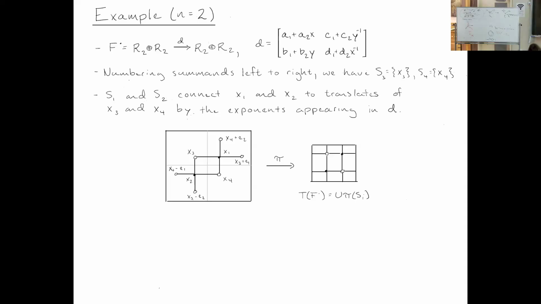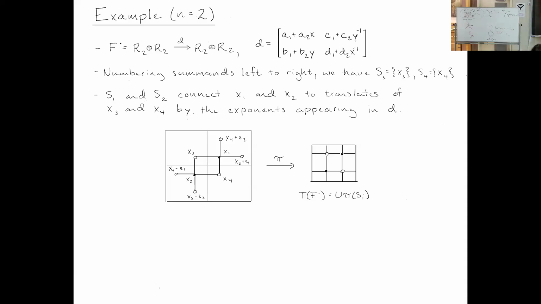Here's the plane. We need to build S1 through S4. I should pick a point for every summand, so I'll pick x1, x2, x3, and x4. The definition said for the summands in degree 0, you start by defining the sets for those summands, and you just take them to be those points. S3 and S4 are x1 and x4.